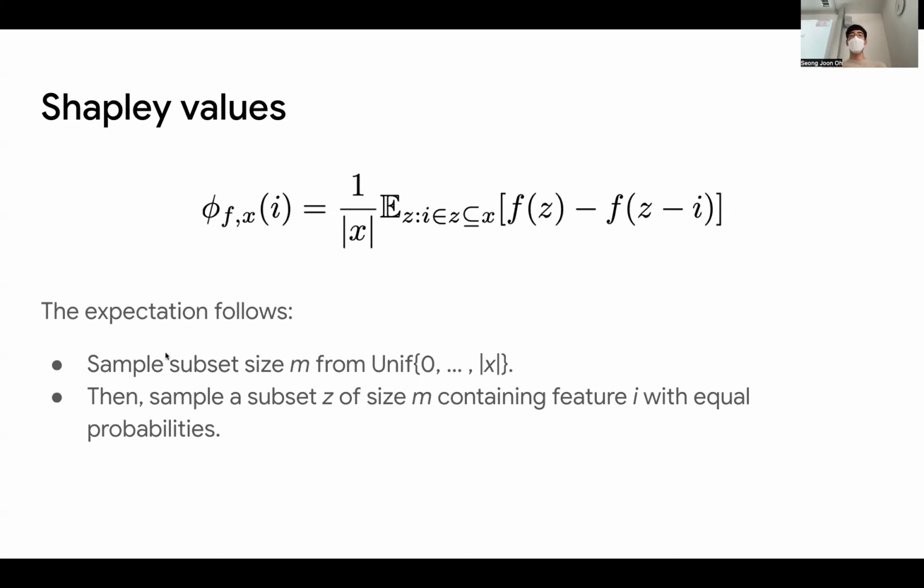So first, we sample uniformly from 0 to X. Well, it can't actually be 0 because Z should include I. So it's running from 1 here to the number of features in X. And after that, you're sampling subset Z of size M containing feature I with equal probabilities. So not every subset has the same probability of being picked up here, okay? And probably subsets with smaller sizes are much more likely to be picked up than subsets of larger sizes.